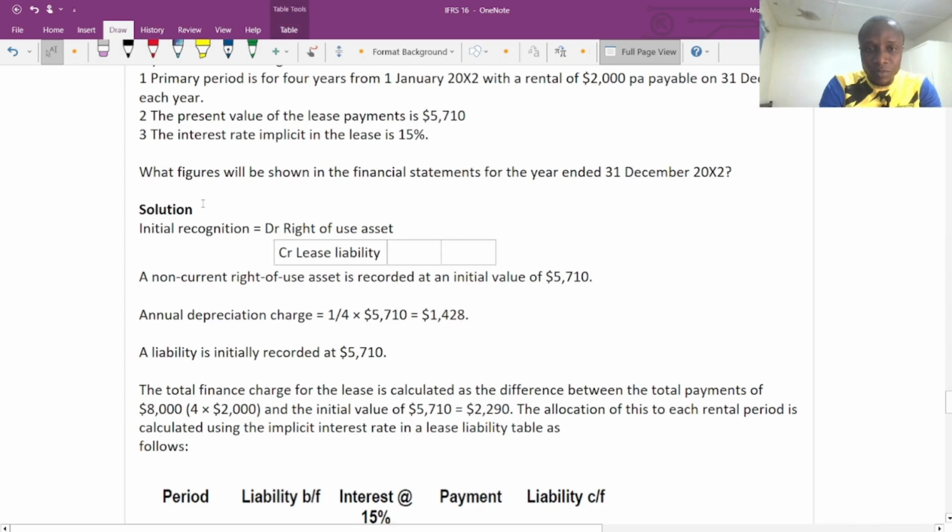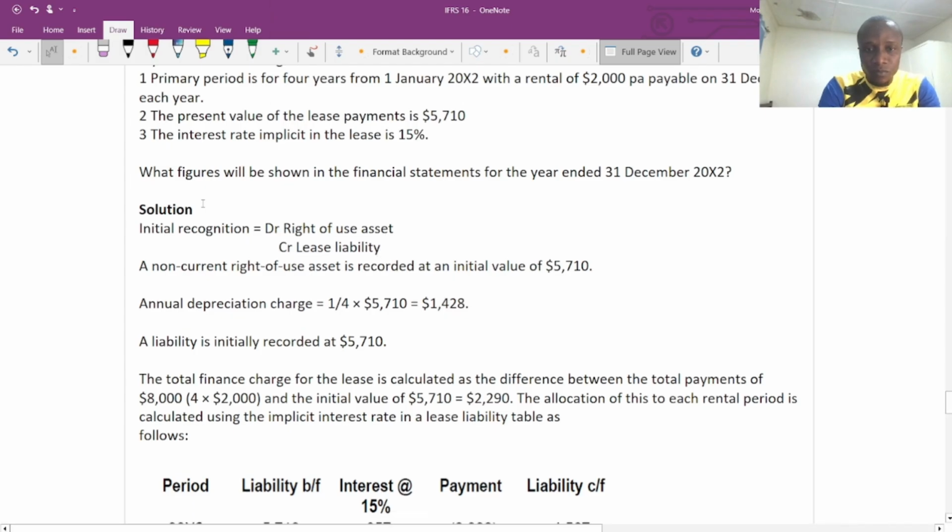With what amount? With 5710, because this is the present value of the lease payment.